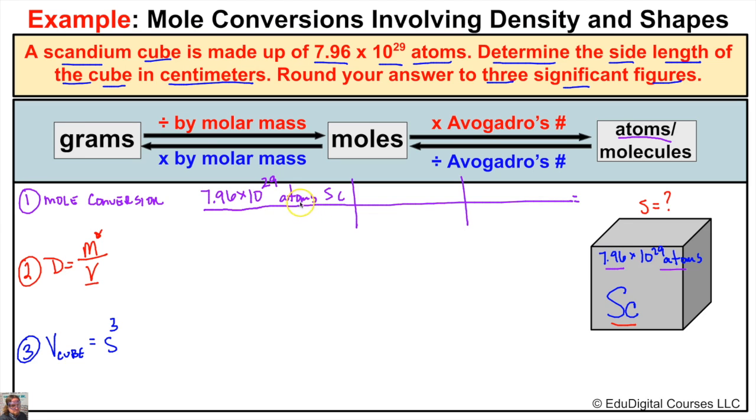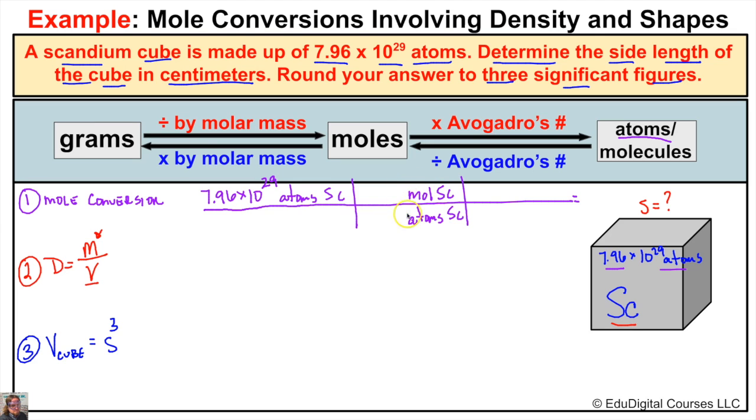So we need to cancel out atoms of scandium, and we need to convert to moles of scandium first. If we want to cancel out atoms of scandium, where do you think we're going to put that in this fraction or equivalent statement? You guessed it. Units can cancel out just like numbers do. So if we put atoms of scandium on the bottom here and moles of scandium on the top, then these two units will cancel out.